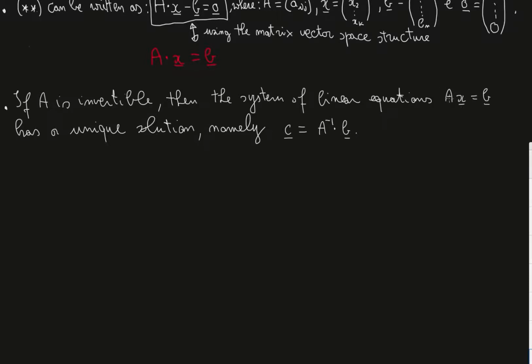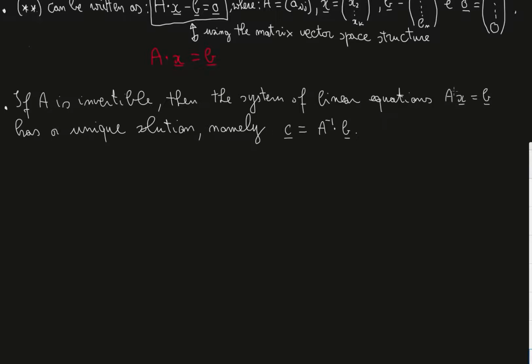Then we can multiply both sides of this equation by A minus 1, the inverse of A. By definition of matrix inverse, A minus 1 times A is the identity matrix. And the identity matrix times X is X, by definition of the identity matrix, which is the multiplicative identity.